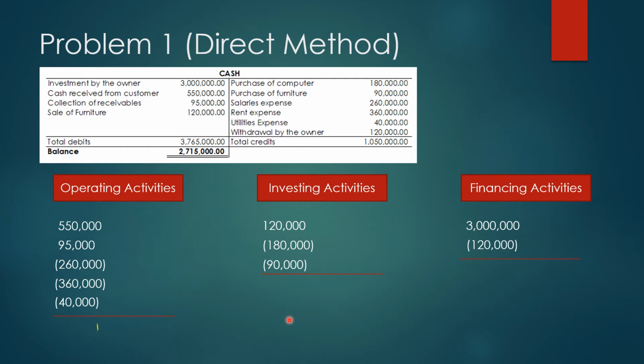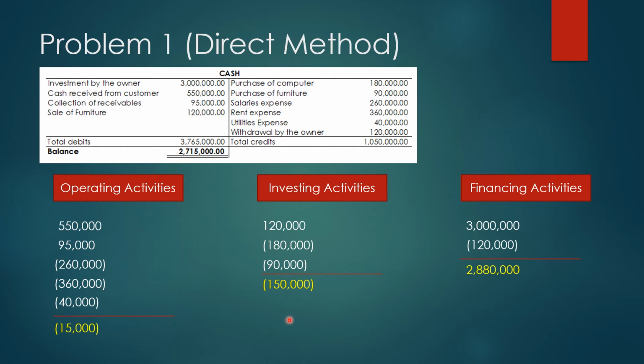So, our total operating activities is negative 15,000. So, meaning, more cash went out than came in. For investing, negative 150,000. Same, more cash went out than came in. And for financing activity, 2,880,000. Inflow. More cash came in than went out.